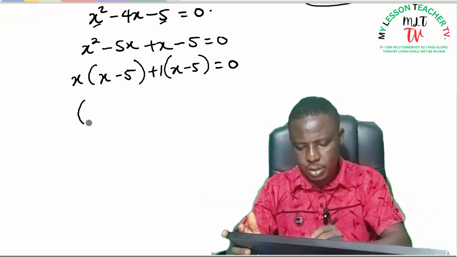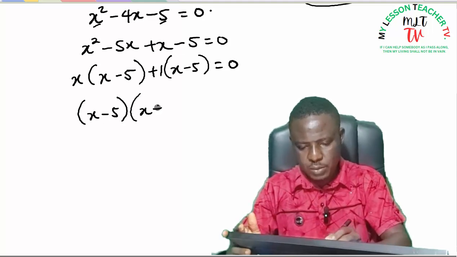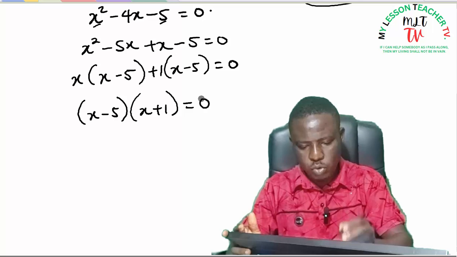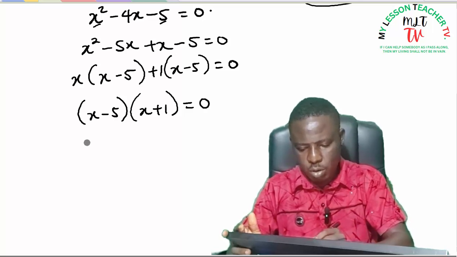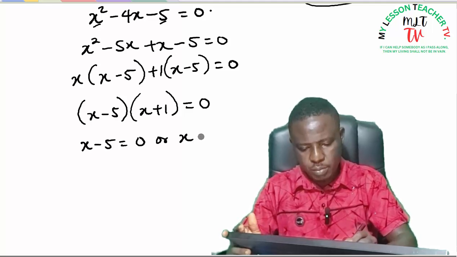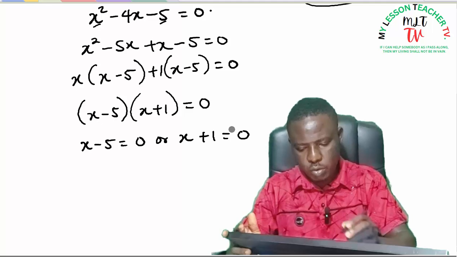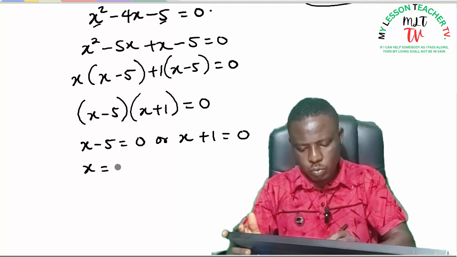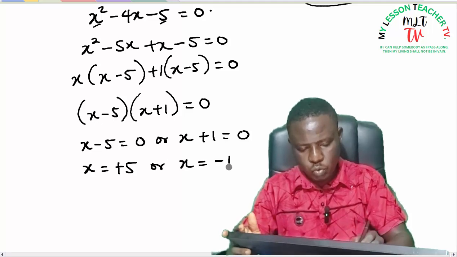Factorizing them again, you have x minus 5 into x plus 1, which is equal to 0. So this becomes x minus 5 is equal to 0, or x plus 1 is equal to 0. x is equal to plus 5, or x is equal to minus 1.